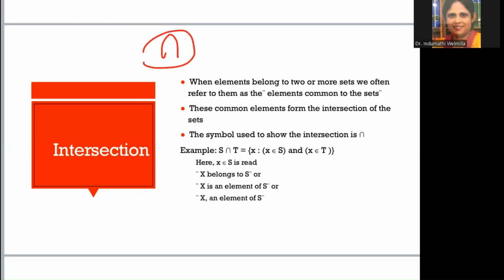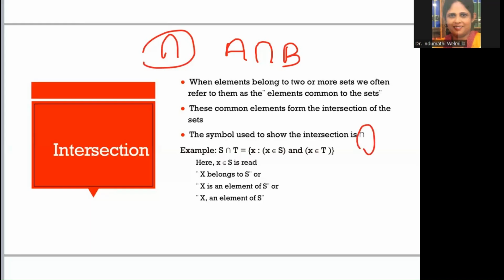Set A intersection B, we read it as A intersection B, or the intersection of A and B. It is defined as the set composed of all elements that belong to both A and B. In this example, you can see the symbol used to show the intersection.